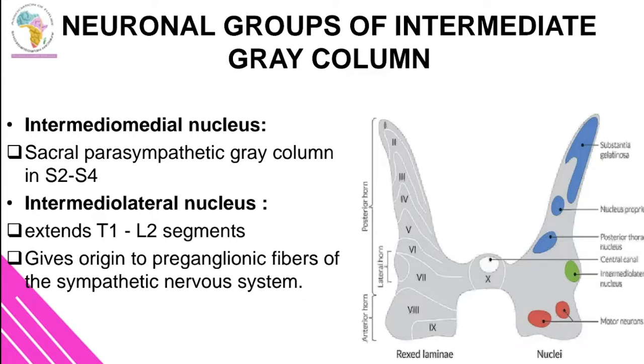So meaning if one has an injury in this part of the spinal cord, that is between S2 and S4, the parts of the body that are innervated by these nerves below the injury are affected.